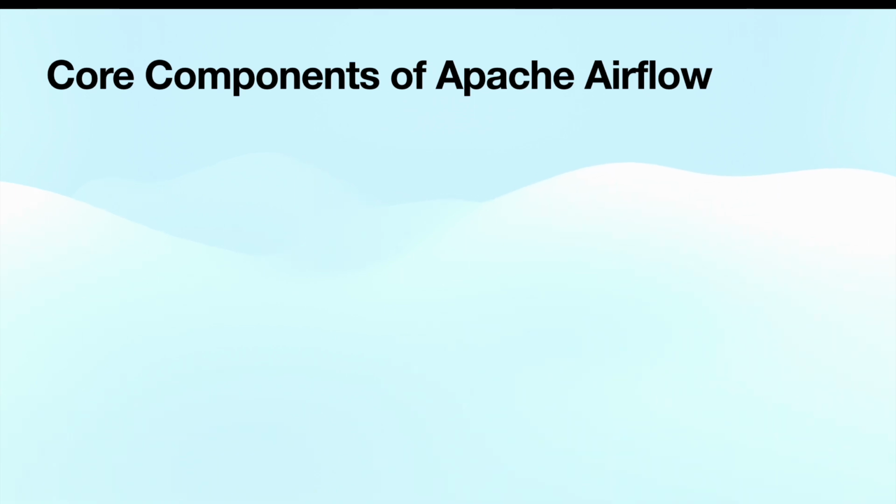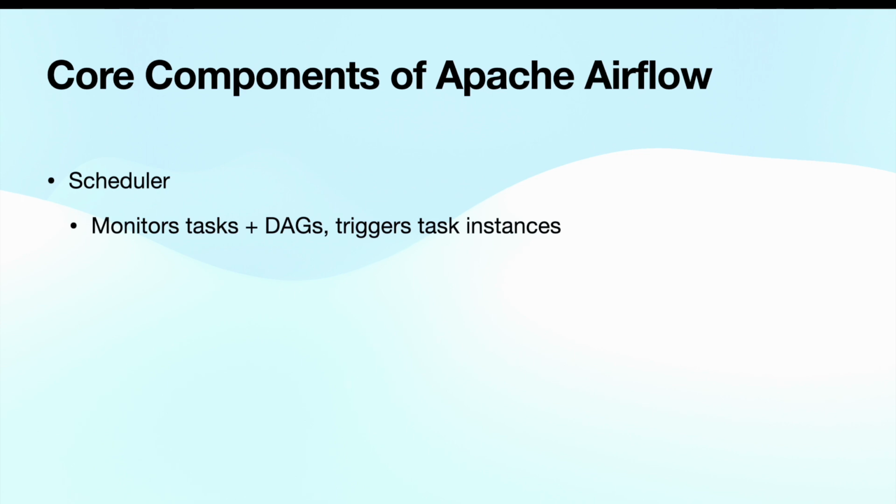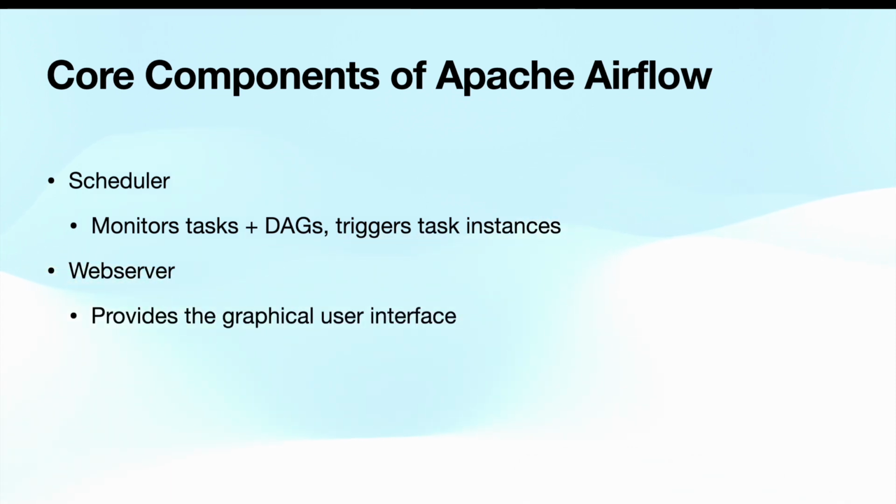The core components of Apache Airflow: we have a scheduler, which is monitoring the tasks and DAGs and triggers task instances itself. We have a web server, which allows the interaction between the user and Airflow, and in fact is a graphical user interface.